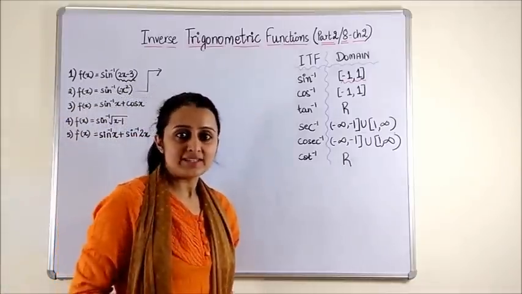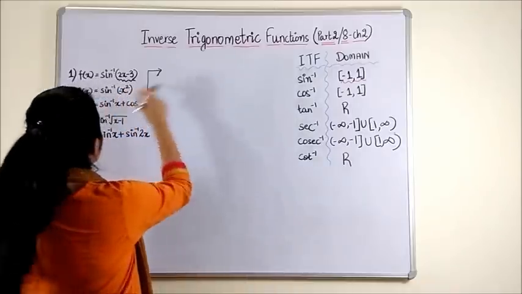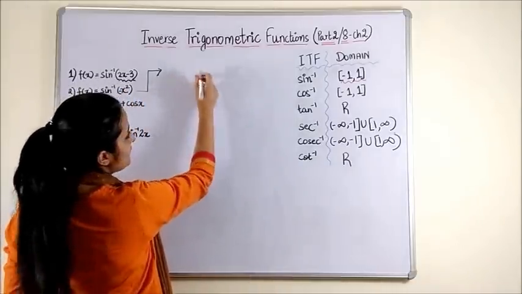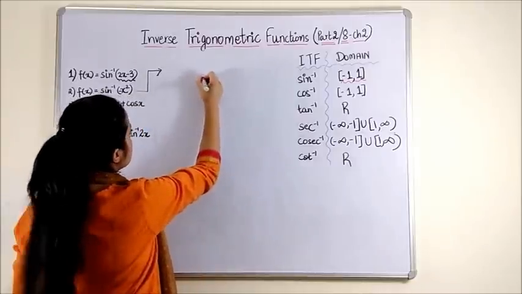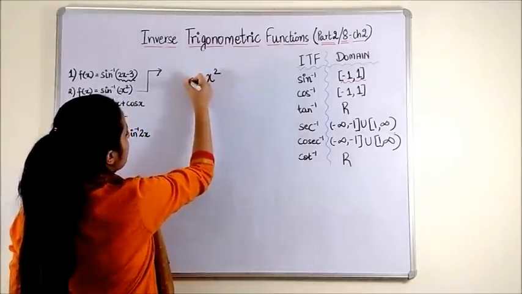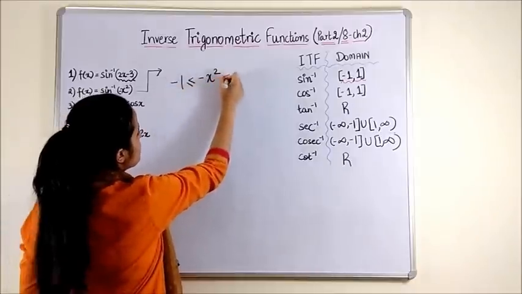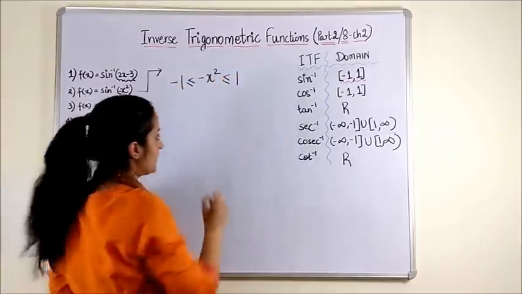Now talking of the second question, here once again your sine inverse function lies between -1 and 1. So with similar logic, we get minus x square must lie between -1 and 1.